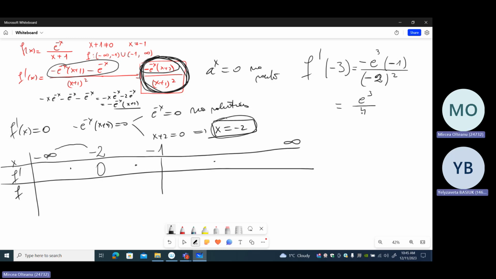The sign will be positive. So I obtained the value e at 3/4, which is indeed a positive number. So here it's positive.